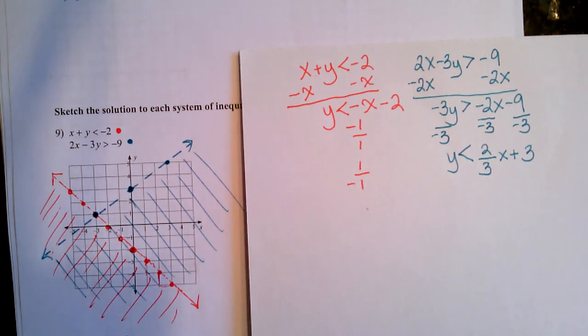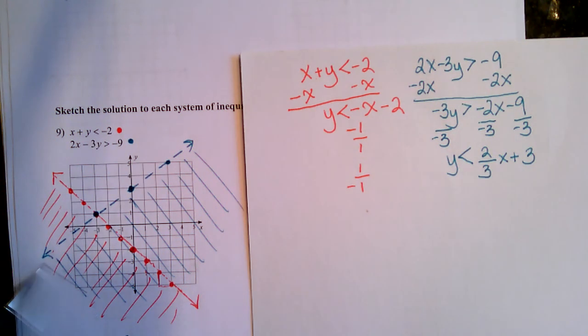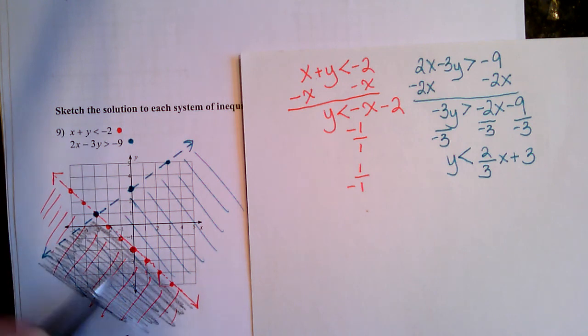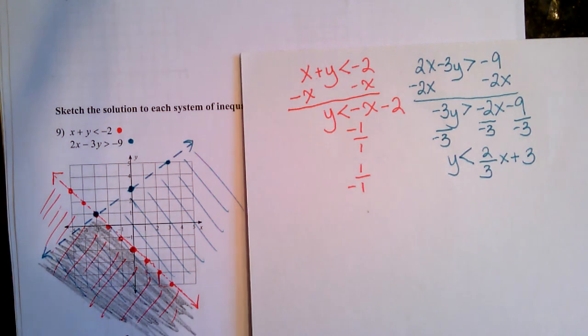And then the solution to the system is probably the trickiest part. It's finding the shaded area that exists in both situations. So if you can kind of see, this is both below the red line and below the blue line. Okay? And you could pick any point in there.